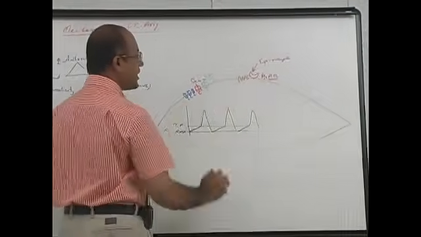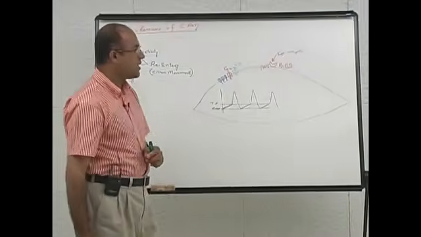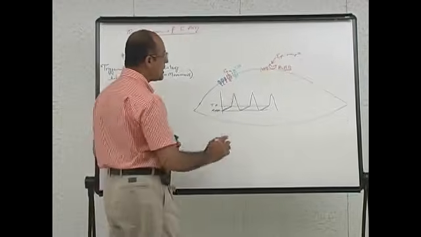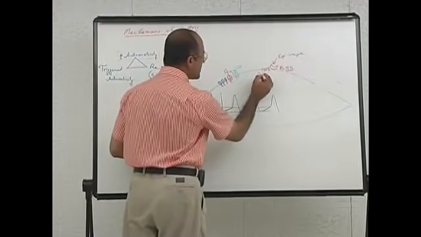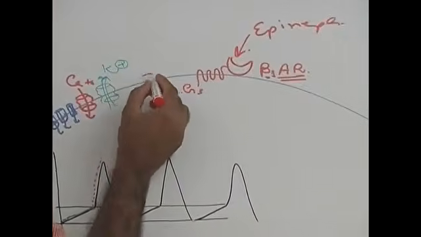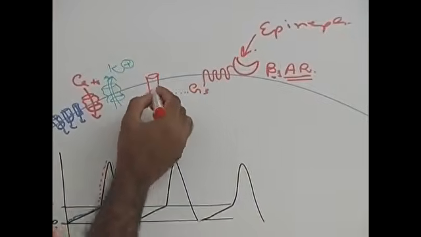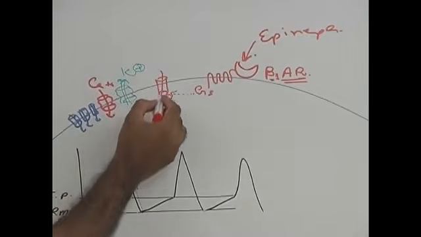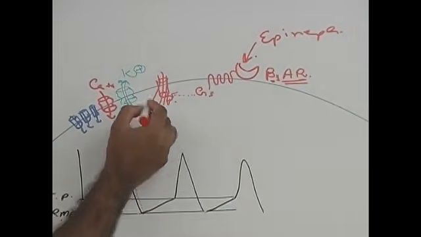So when epinephrine stimulates its beta 1 adrenergic receptors, it stimulates intracellularly G stimulatory proteins, which eventually lead to phosphorylation of some additional calcium channels, and additional calcium comes in.